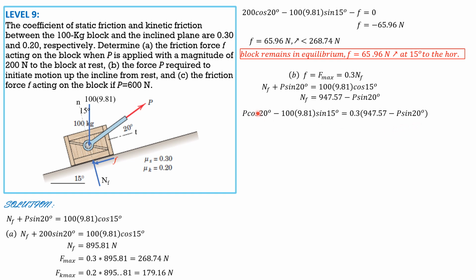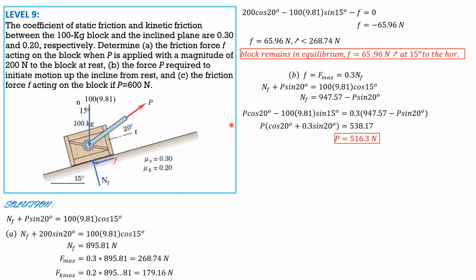So factor out P, then P times cosine 20 plus 0.3 sine of 20 degrees equals the combined value of 0.3 times 947.57 plus 100 times 9.81 sine of 15 degrees, which is 538.17. So from here we can solve for P, 538.17 over the quantity cosine 20 degrees plus 0.3 sine of 20 degrees, and that is P equals 516.3 newtons.